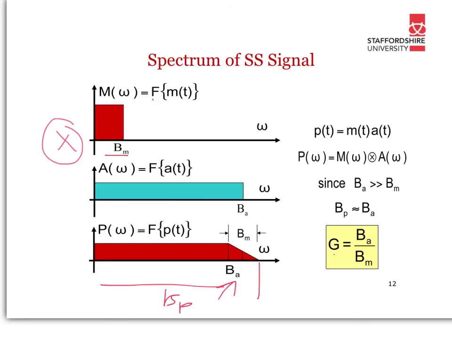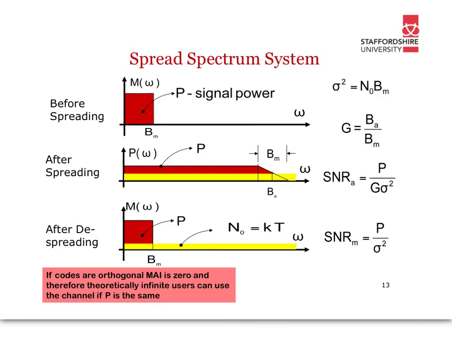So what's the ratio between the frequencies of the message signal and the spread encode? And that's the processing gain. So before spreading, we've got a narrowband signal, and then after spreading we have a wideband signal, and we also have the noise.